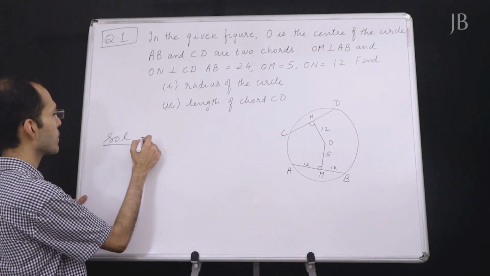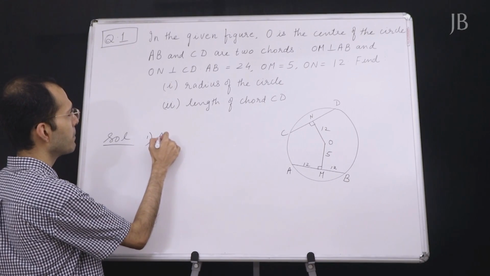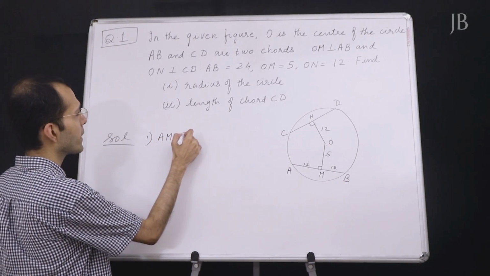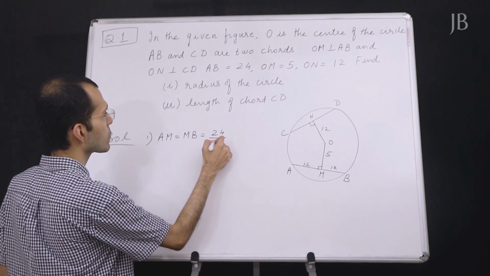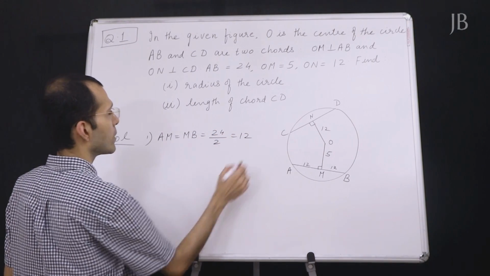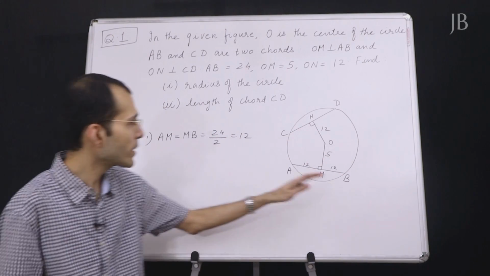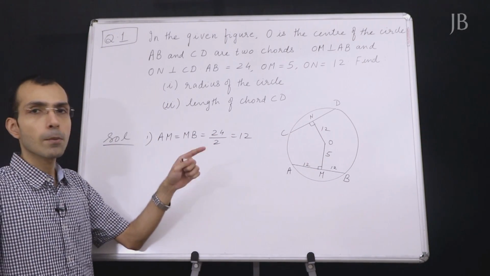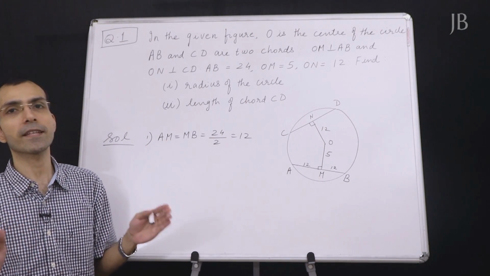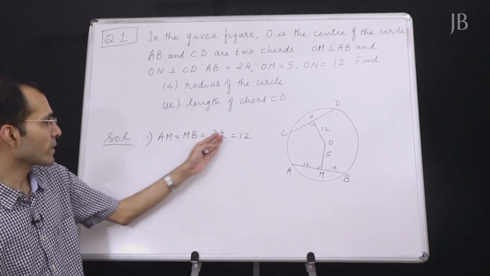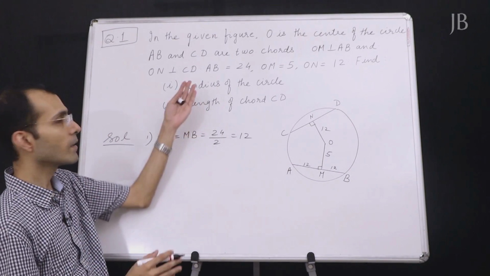So we'll have to write down here AM equals MB equals 24 upon 2, that is 12. Very important: here I am not putting the reason because of the space constraint, but you will have to write down the reason. Perpendicular drawn from the center of the circle bisects the chord. And you have to show this calculation. Mark it in the diagram because that will lead you towards the unknown.